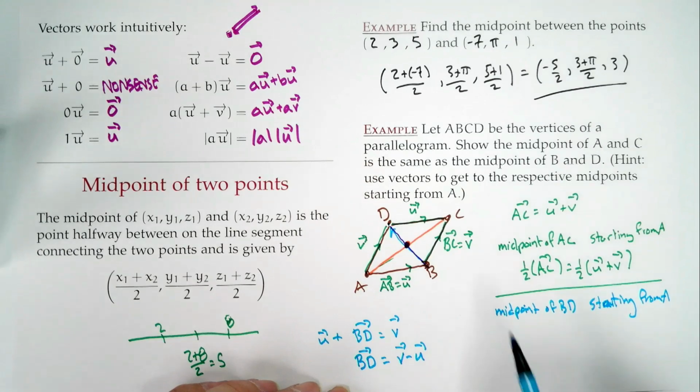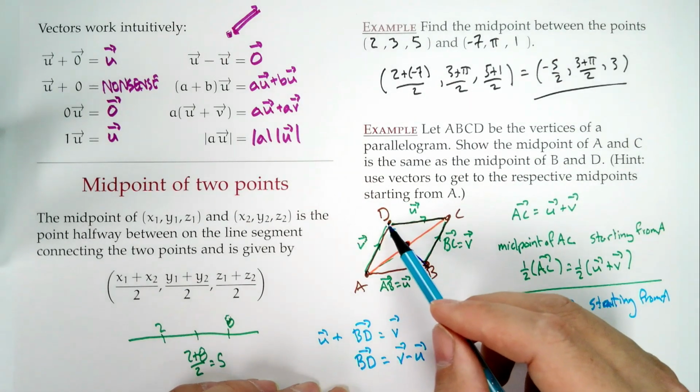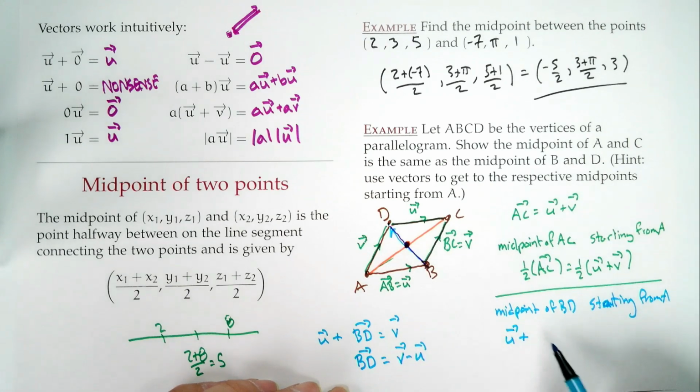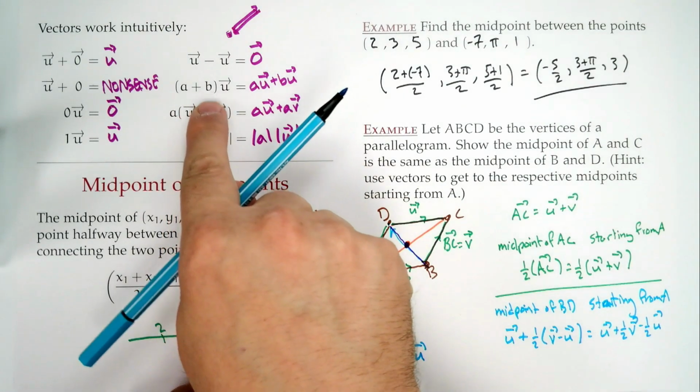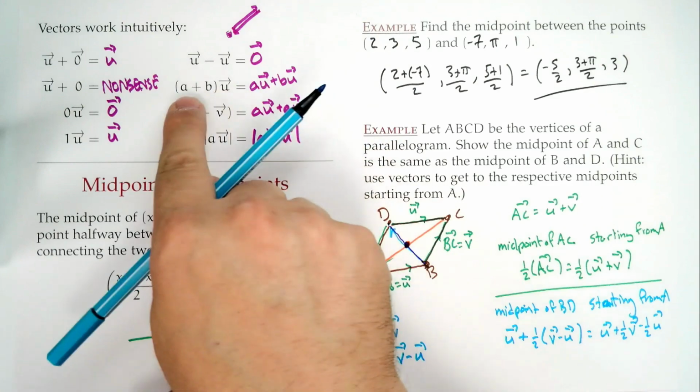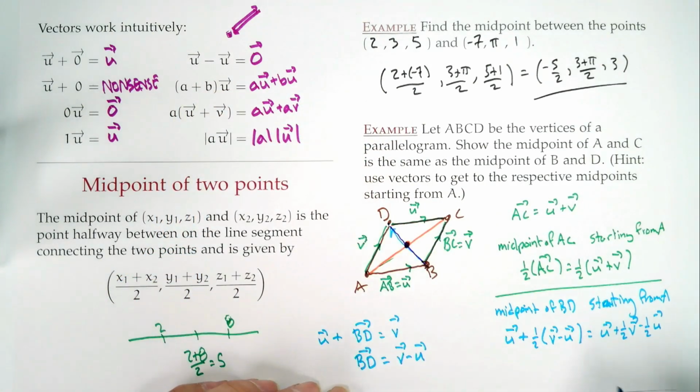Well, we first run along that side to get to B. So that's going to be U. And then, now that we're at B, we go halfway from B to D. Halfway there, so 1/2 of V minus U. So that would be U plus 1/2 V minus 1/2 U. And now you can see that we can combine the U and the minus 1/2 U. It's this rule here: U minus 1/2 U is 1 minus 1/2 times U. So this becomes 1/2 U plus 1/2 V.